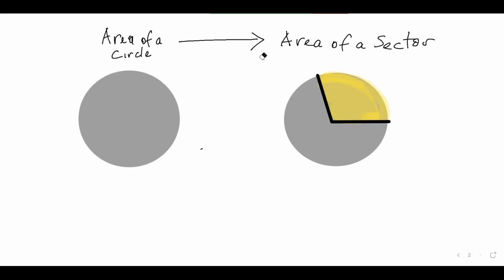Because CXC is going to give it a name, I'm going to call it A-O-B, where O is the center. Sometimes they name the top C so that the student could actually see it's a sector. Now, my question to Jacob: what is the area of a circle? What is the formula for area of a circle?